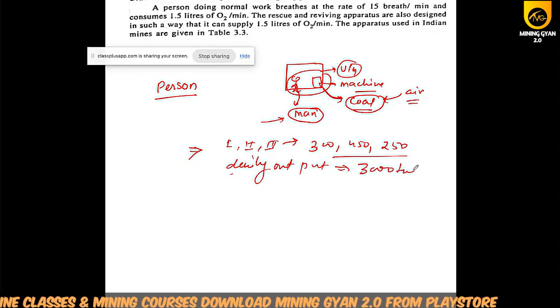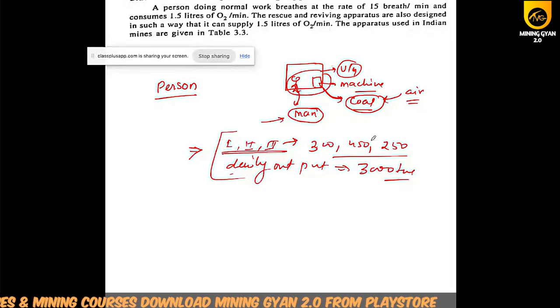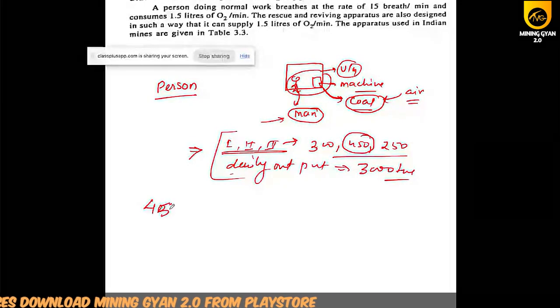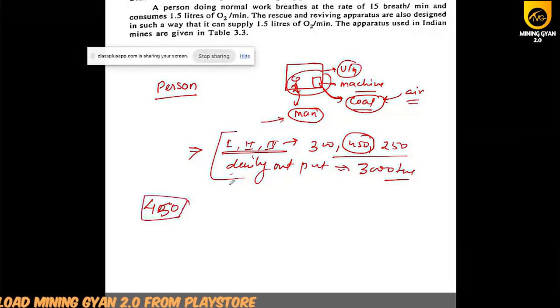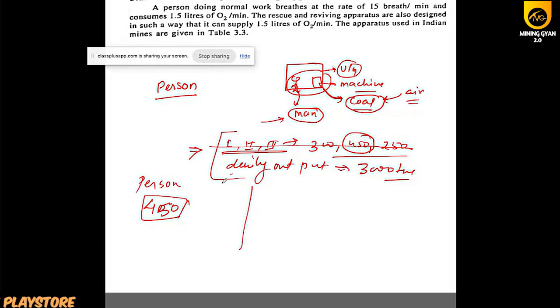So you have to take the largest shift, that is 450. Forget about anything else. And this is for the persons. And for the daily production, you have 3000 ton.